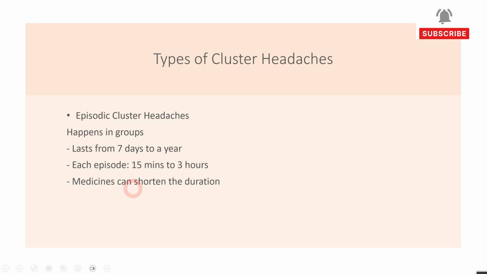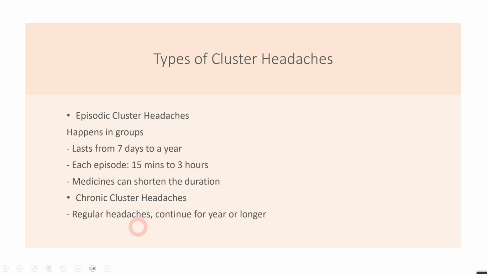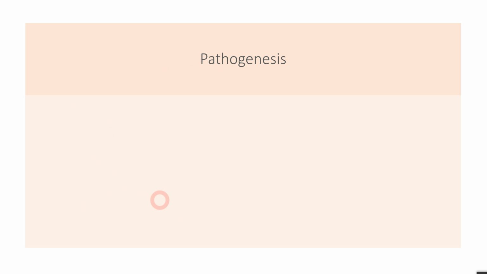Patients take medicine, and this medicine basically decreases the duration of each episode. The second type is chronic cluster headaches, where the headaches are regular and it may continue for a year or even longer. So we have episodic cluster headaches, and then we have chronic cluster headaches.